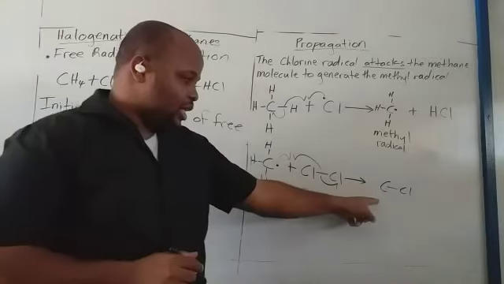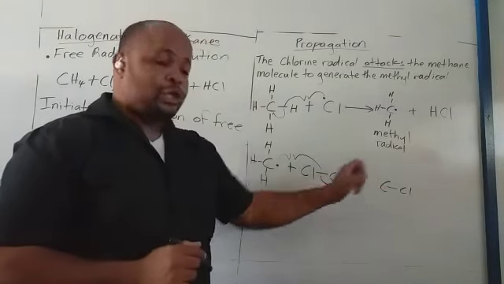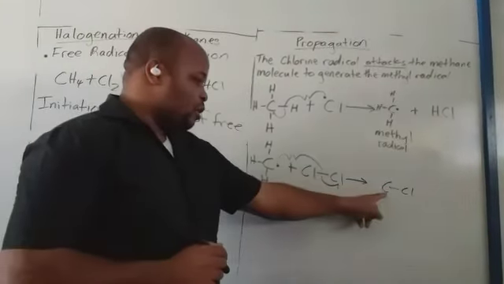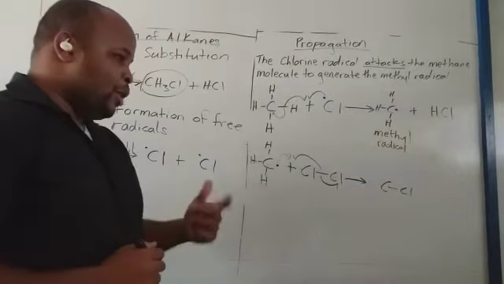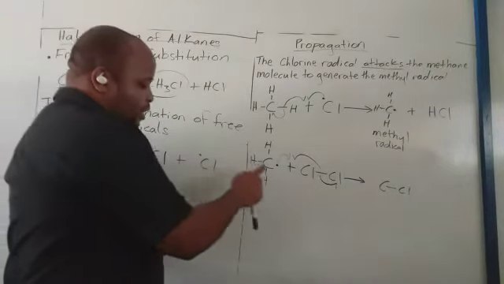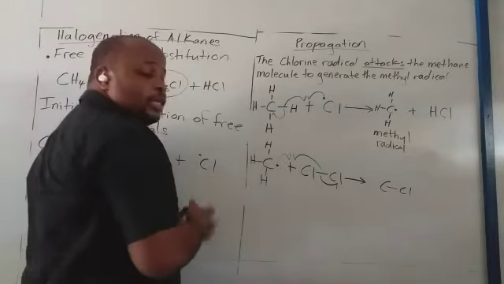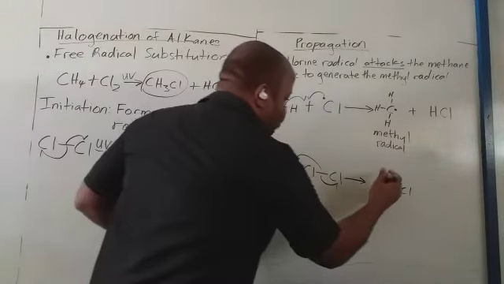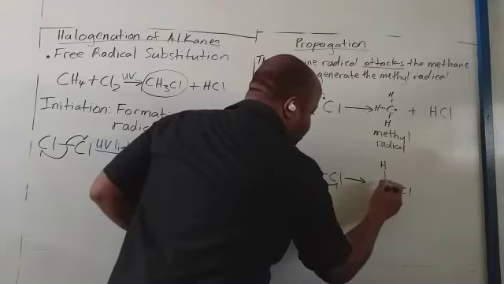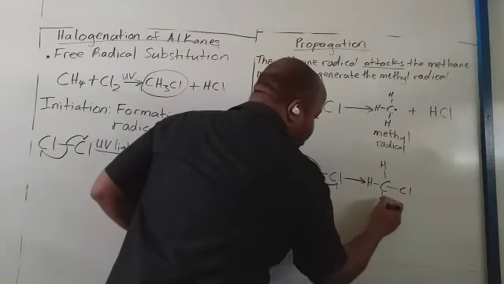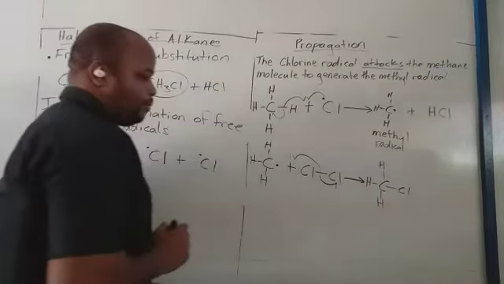So on the product side, that bond must be shown. So you must have carbon to chlorine bond. Nothing else occurred on the carbon atom. Everything else stayed the same. So you must have back here 3 hydrogen atoms.